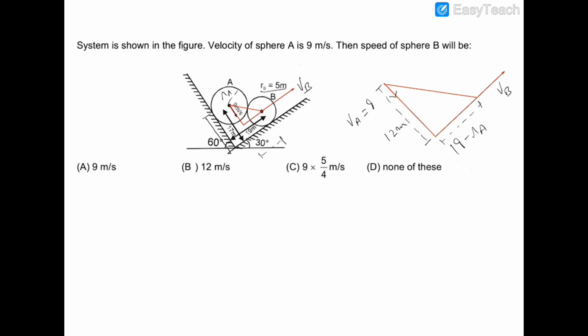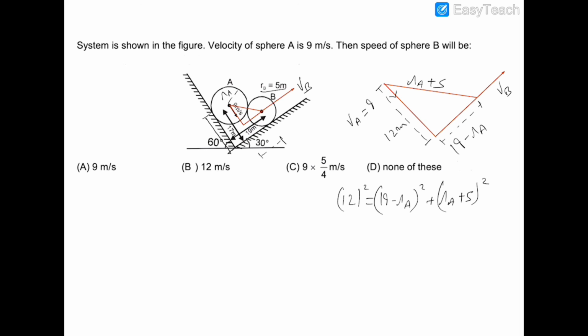And this length will be equal to RA plus RB, and RB is equal to 5, so this length will be RA plus 5. If I apply the Pythagoras theorem, 12 square will be equal to 19 minus RA whole square plus RA plus 5 whole square.